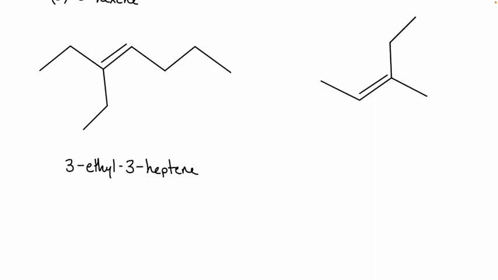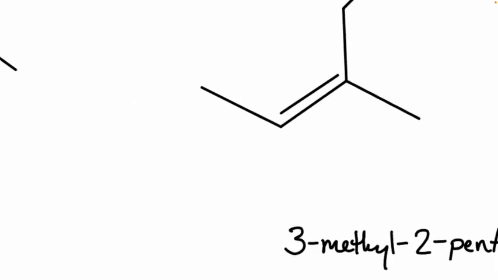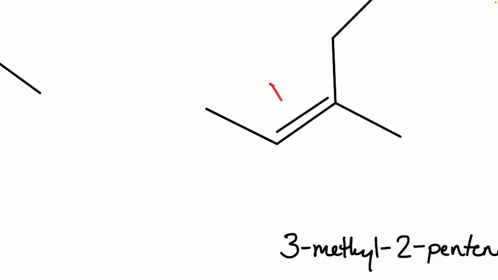All right, and then this last one is also a 3-methyl-2-pentene. If I chop at my double bond, my methyl group compared to my implied hydrogen, my methyl group is high, my hydrogen is low.